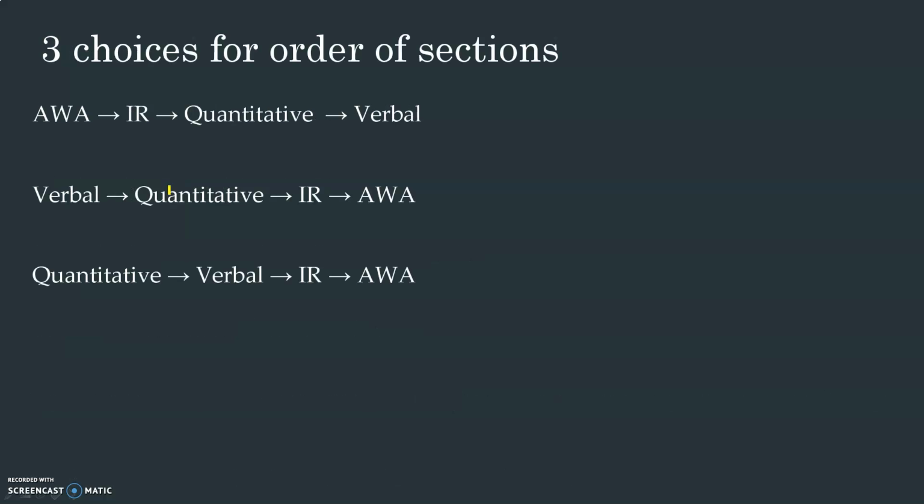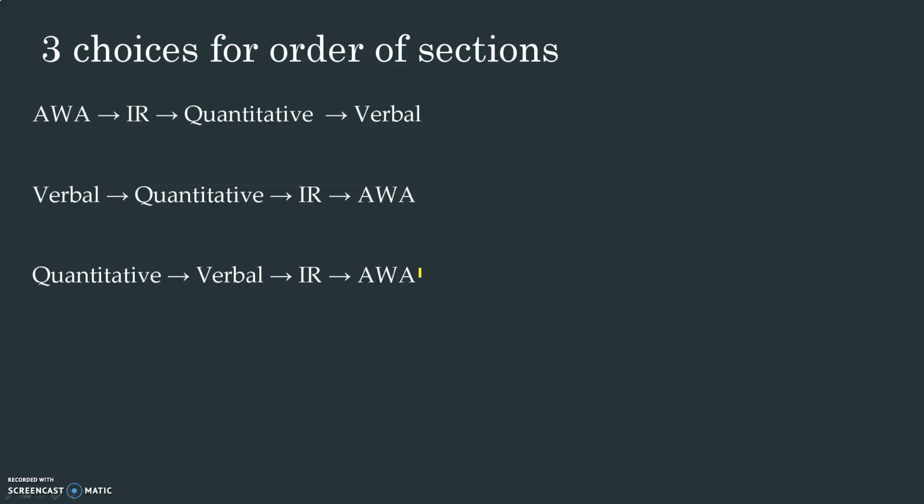Alright. Now there are 3 choices in which you can attempt the sections. These are the 3 choices. So you can take AWA, IR, quant and verbal in this order. You can take verbal, quant, IR and AWA. Or you can take quant, verbal, IR and AWA. Alright.